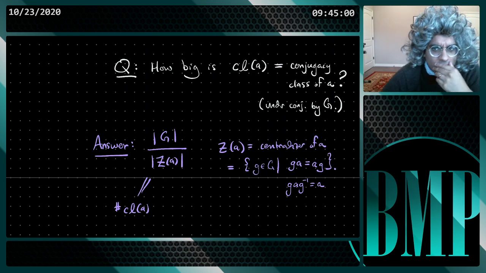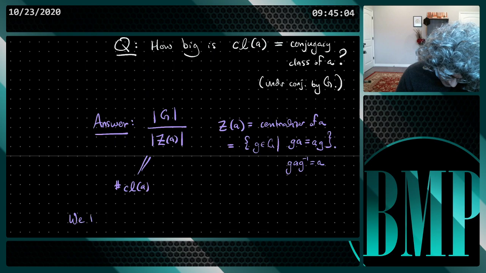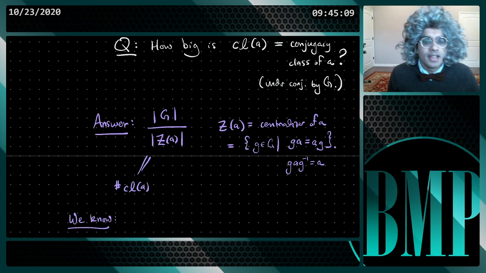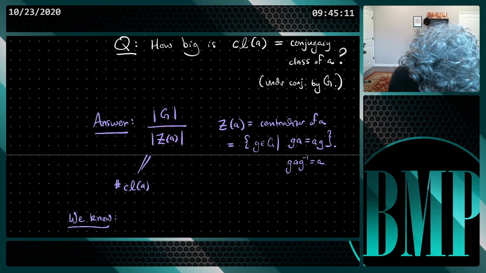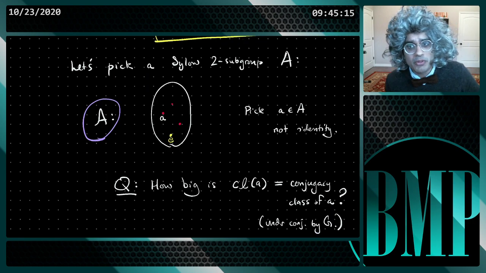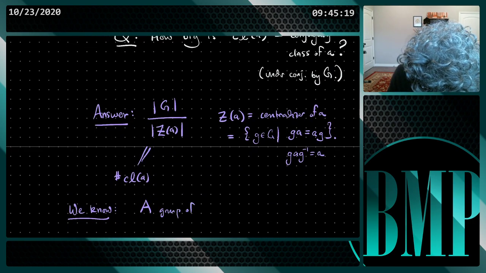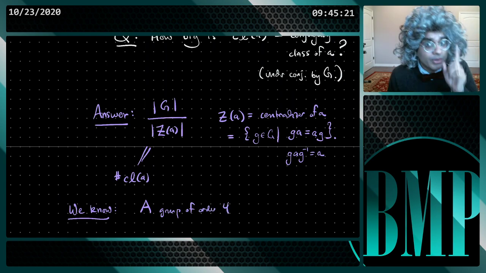So what do we know though? We know that A is a group of order 4, so it's abelian.